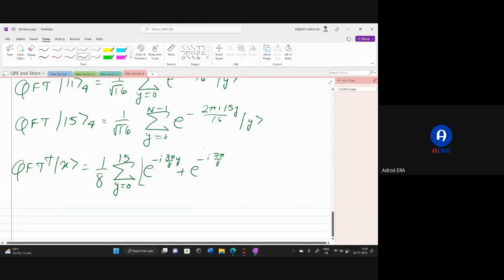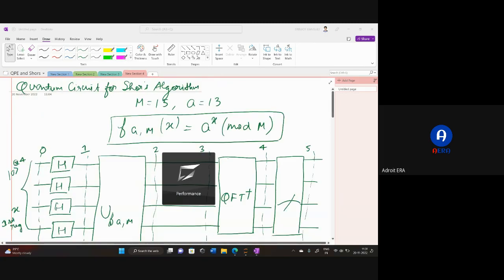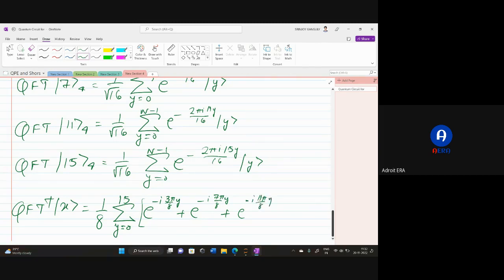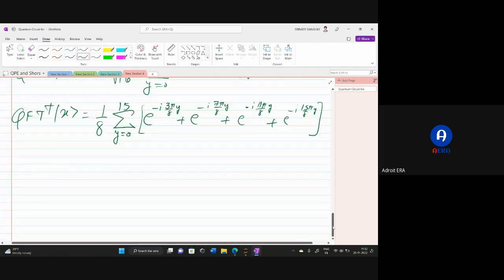So let us do, and now y, then this is y, okay? This is 8y, and then plus e to the power minus i 11 pi by 8 y plus the final term e to the power minus i 15 pi by 8 y and close the summation, and ket y is also there, okay?